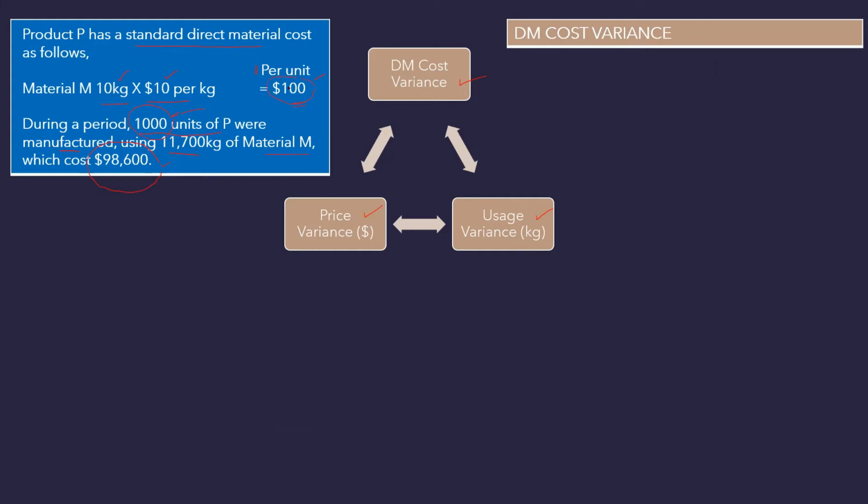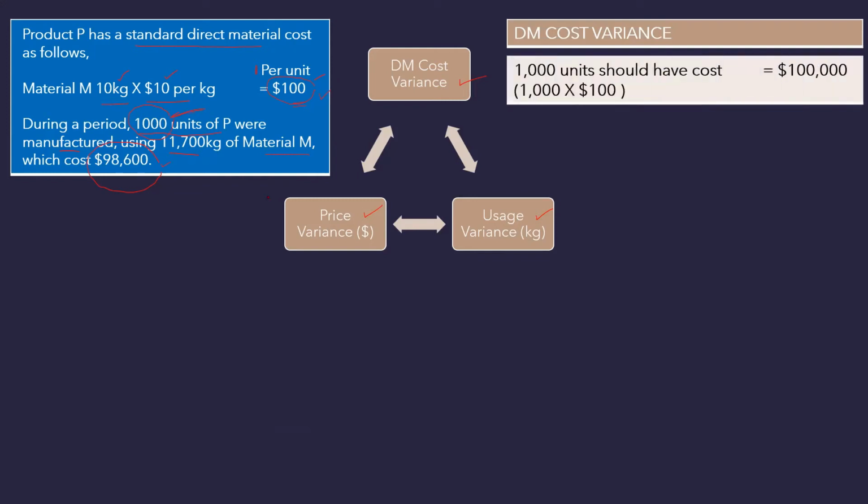So this is the total variance: you compare the budget and the actual. To produce 1000 units, you plan $100 per unit, so 1000 units should have cost 1000 times $100, which is $100,000.